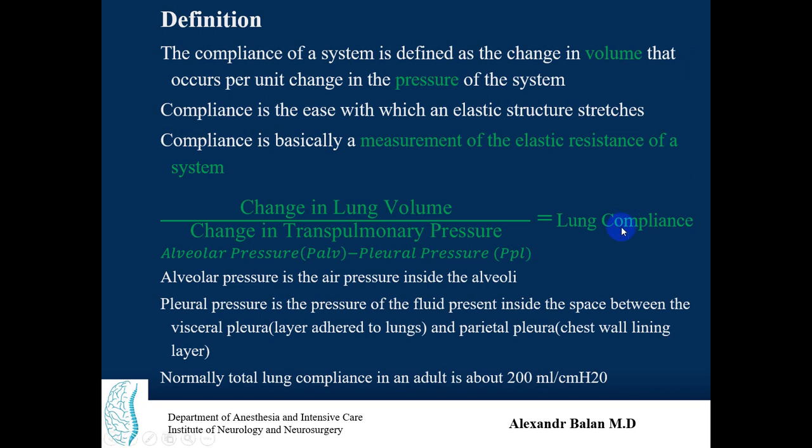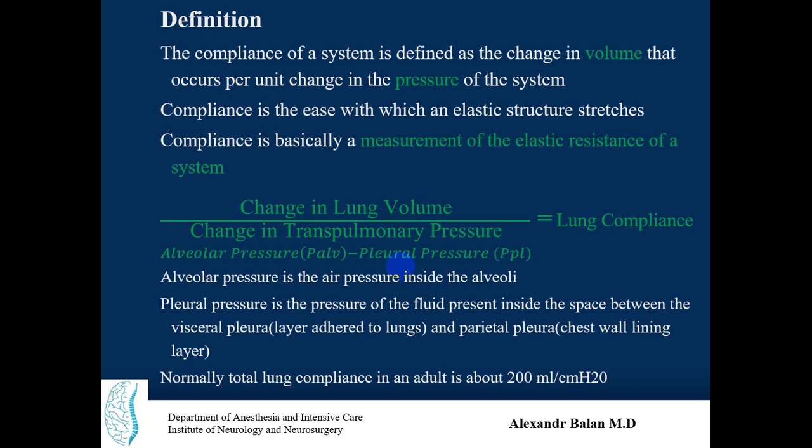And you see here a formula: lung compliance is equal to the change in lung volume per change in transpulmonary pressure. And this transpulmonary pressure is equal to the difference between alveolar pressure and pleural pressure.